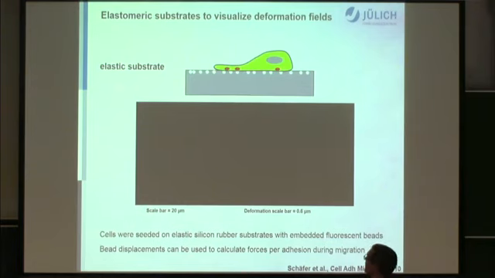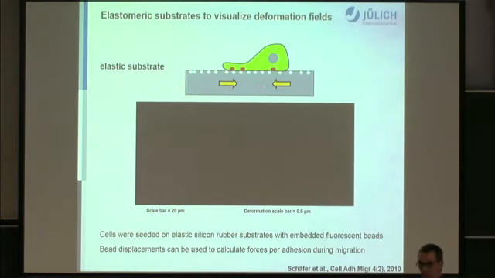Those elastic substrates can also be labeled with marker particles, for example, and upon contraction of the cell, the marker particles become deformed.